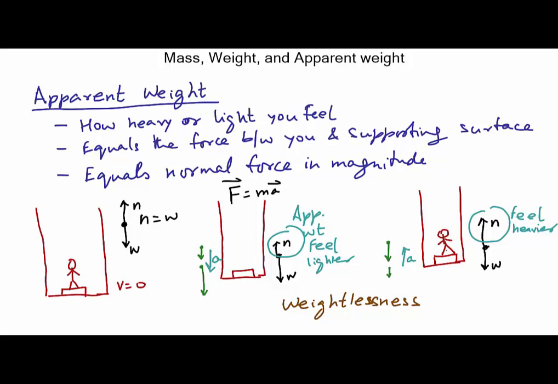The scale is no longer pushing back up on you because you're both falling at the same acceleration down to the ground. And in that situation, the normal force goes to zero, or more technically, it's not even applicable because there is no contact between you and anything. So in those situations, when the normal force goes to zero or is not applicable, that's when you feel weightless.